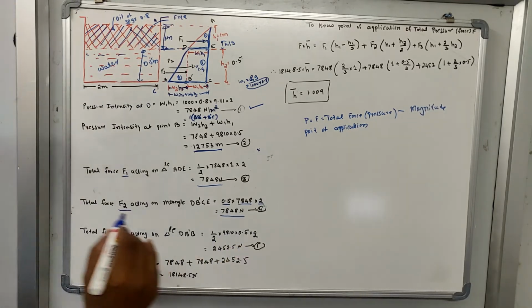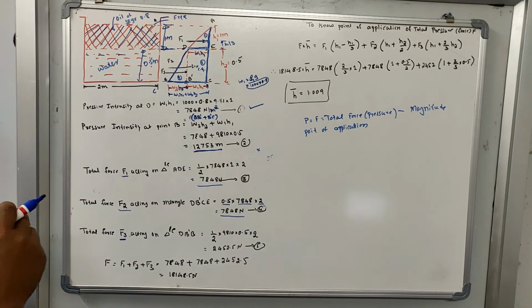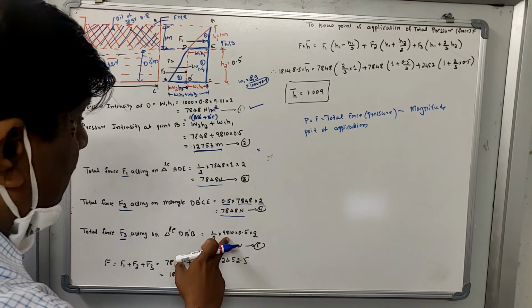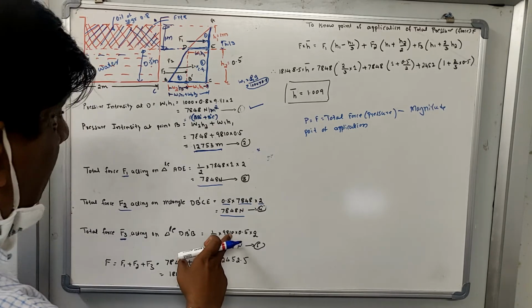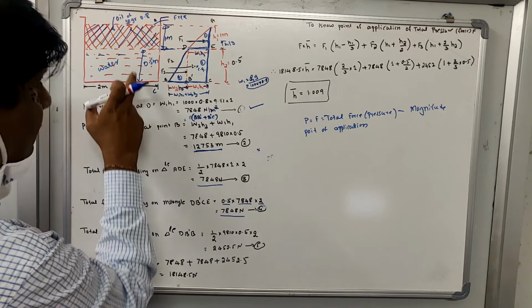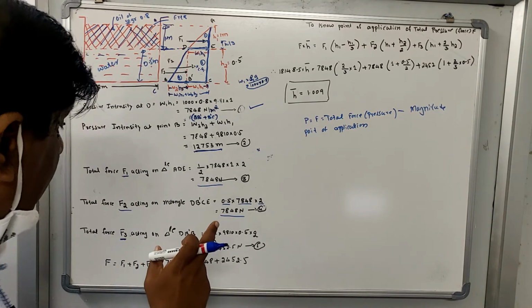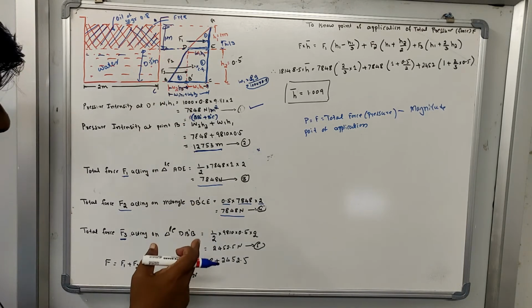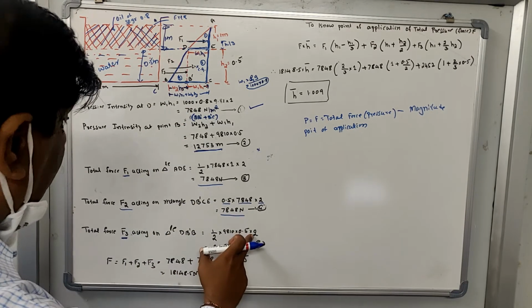Half W2 H2, which we have already calculated: W2 is 9810, because this fluid is water, and H2 is 0.5, multiplied by the width of the tank.